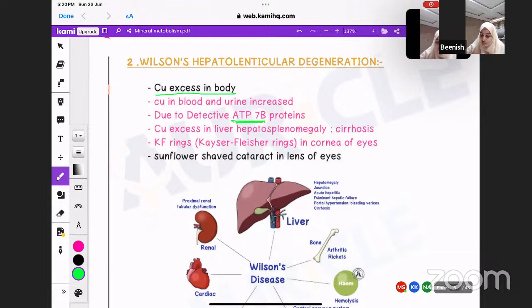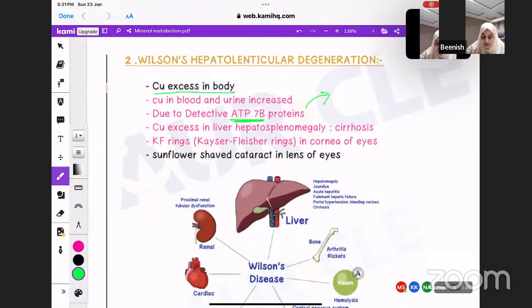Okay, so because of copper toxicity, there will be high levels of intracellular hepatic copper, resulting in hepatic diseases and neurological abnormalities.